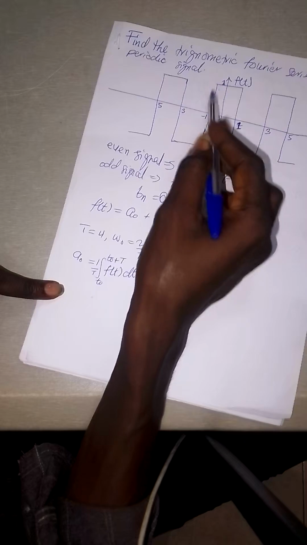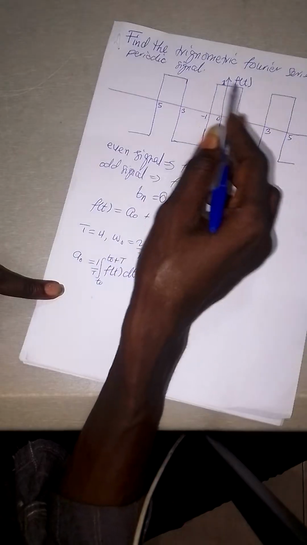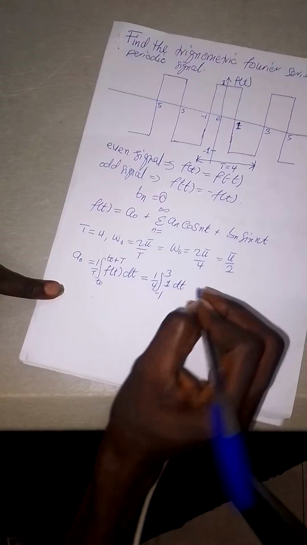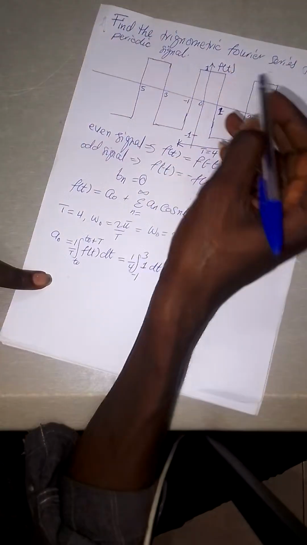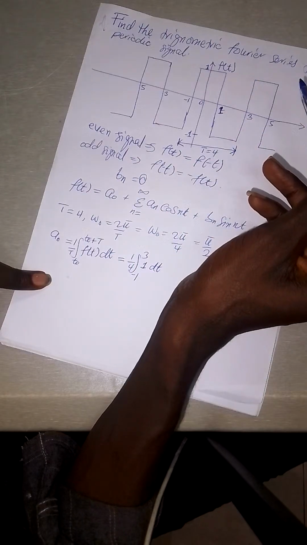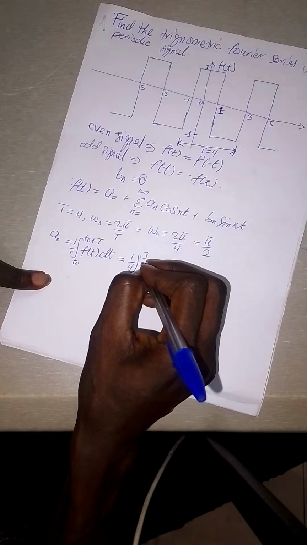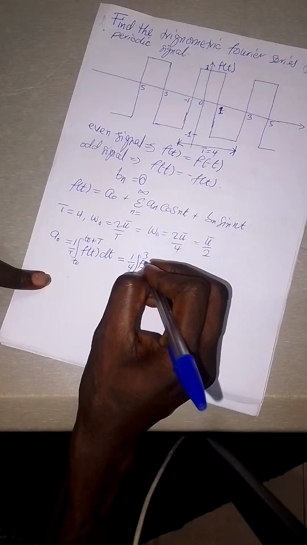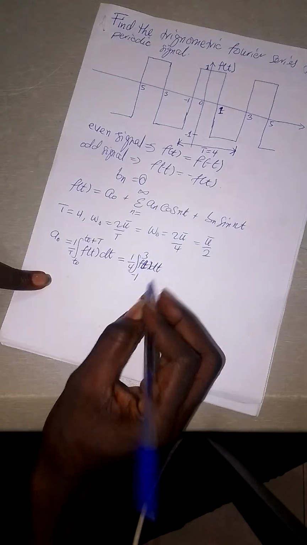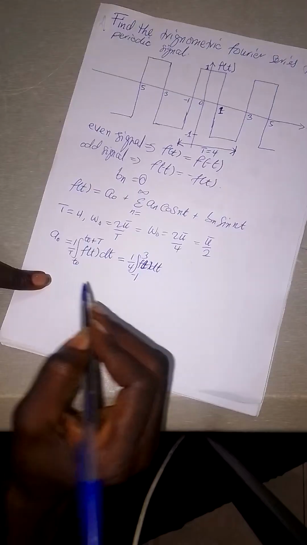You can see that this signal is a unit step signal, and the value here is 1. But wait a minute, let me not just put 1. Let me continue to maintain f of t: 1 over 4 times the integral from minus 1 to 3 of f of t dt.